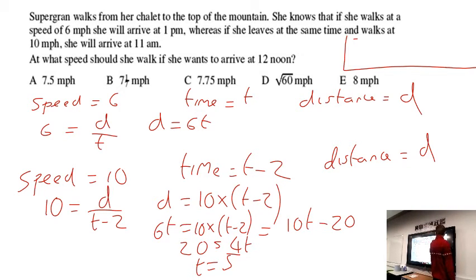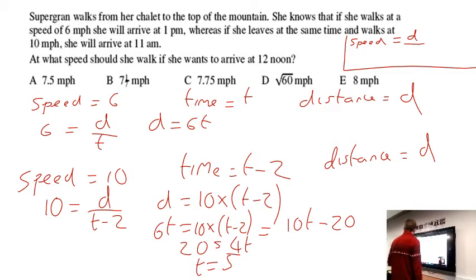So speed is equal to distance divided by time. And the time here is 12 noon. So if it's t for 1 p.m., 12 noon is going to be t minus 1.